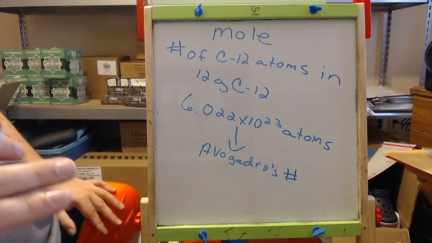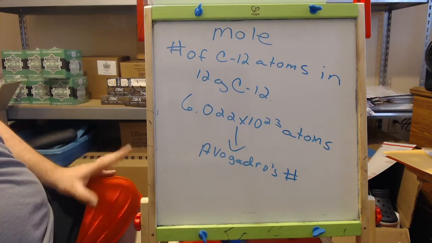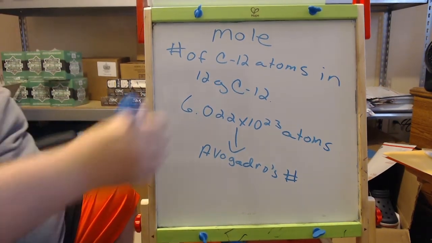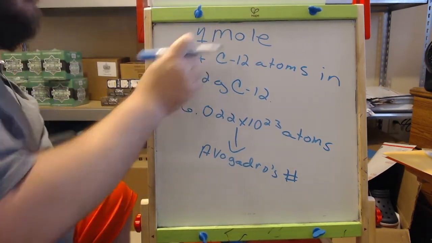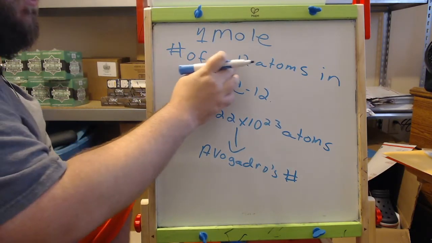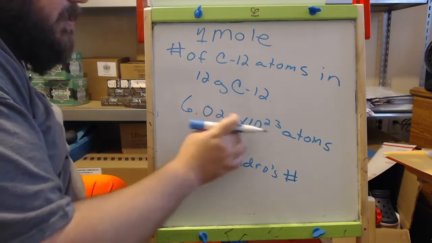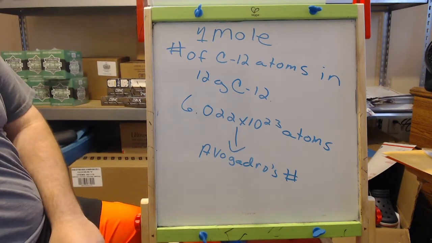And the thing about this is, what they discovered, is that this value is equivalent to what they call 1 mole. So 1 mole of carbon-12 contains 12 grams of carbon and 6.022 times 10 to the 23rd atoms of carbon.